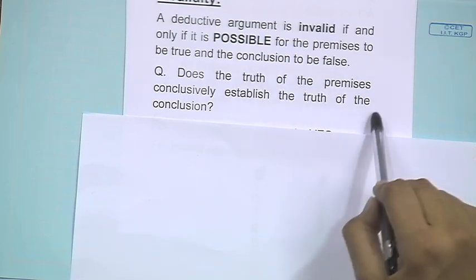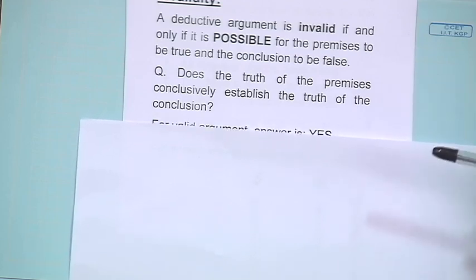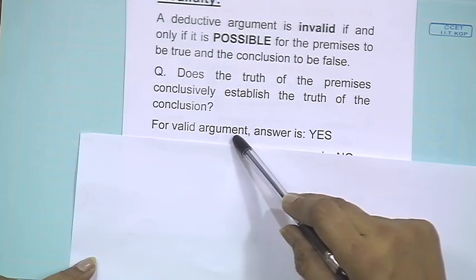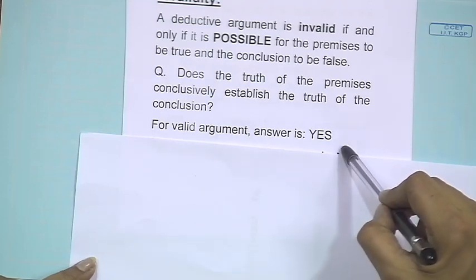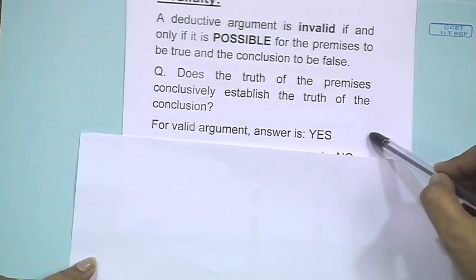Now, let us put it in the form of a question. Does it happen? If the answer is yes, then you have a valid argument. For valid arguments the answer is always yes: when you know the premises to be true, the conclusion must be true.